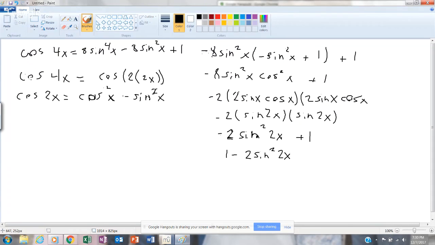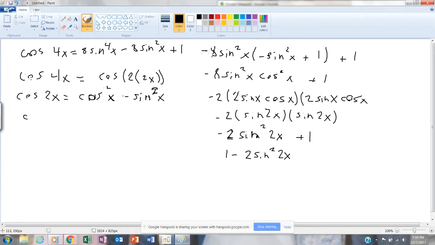I'm doing this with a homemade stylus since I have a touch screen. Oops, that was a lot of water. All right. So cosine of 2x equals cosine squared of x minus sine squared of x.